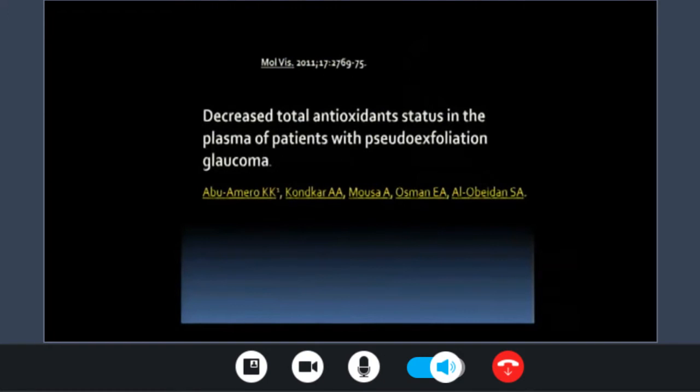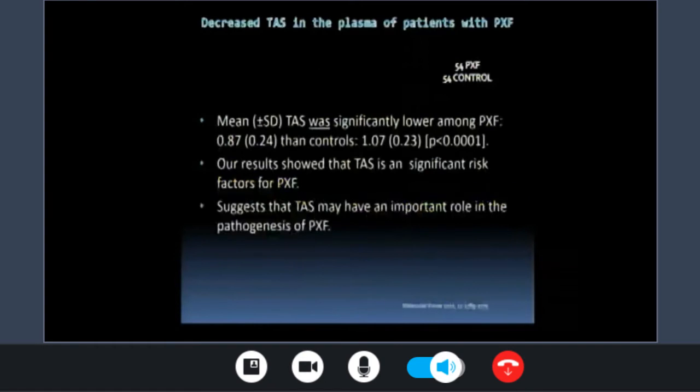The next study in Molecular Vision, decreased total antioxidant status in plasma of patients with pseudoexfoliation glaucoma. Again, 54 patients to control. It was statistically significant, which suggests that TAS may have an important role in the pathogenesis of pseudoexfoliation glaucoma.